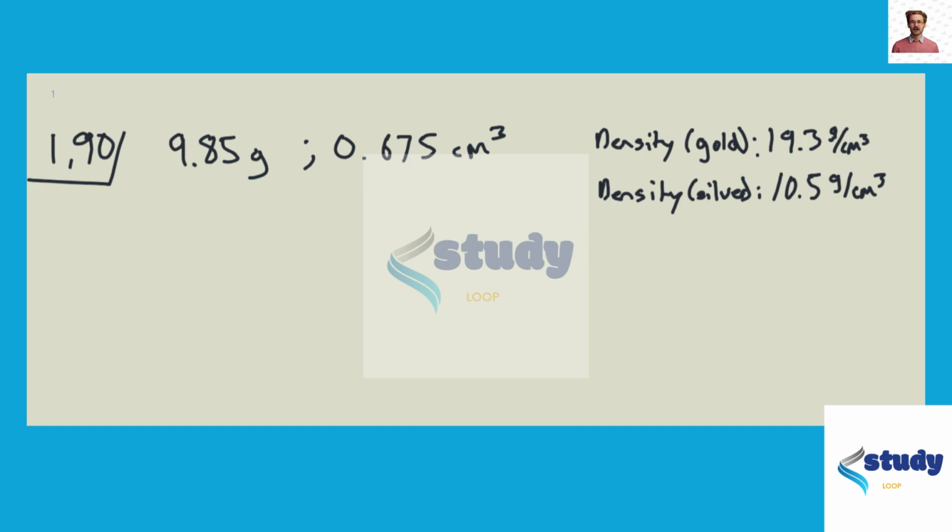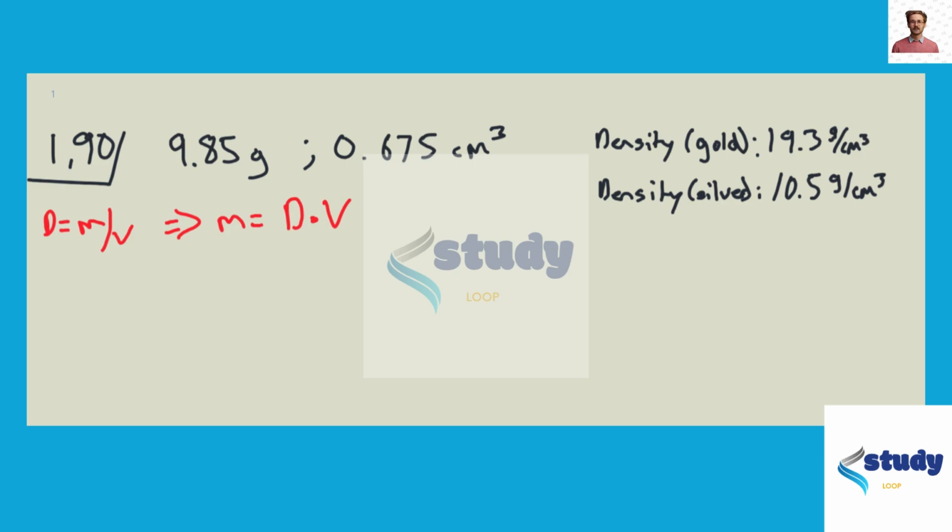So we can go ahead and set up our problem here to solve for the volume or mass of the gold. So first we're going to go for the mass. We know that density is equal to mass divided by volume, so we can also write this expression as mass is equal to density times volume.